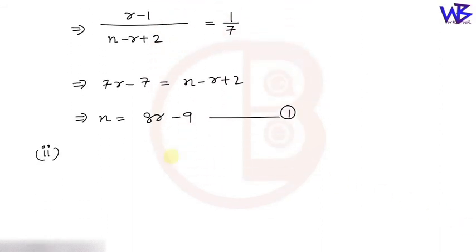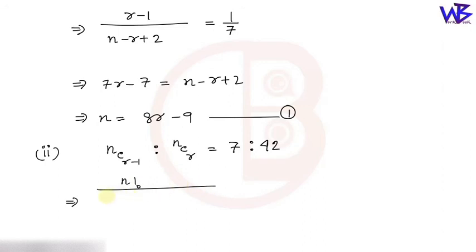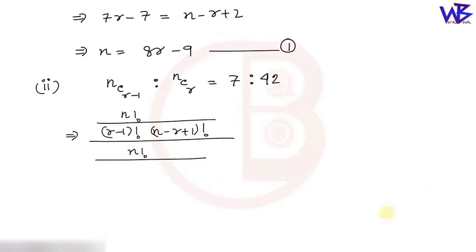So I will write nC(r-1) : nCr = 7 : 42, which indicates n! upon (r-1)! times (n-r+1)!, divided by n! upon r! times (n-r)!, is equal to 7 upon 42.